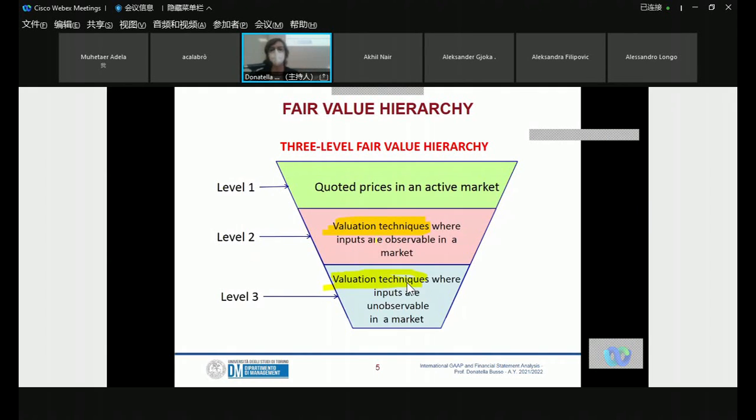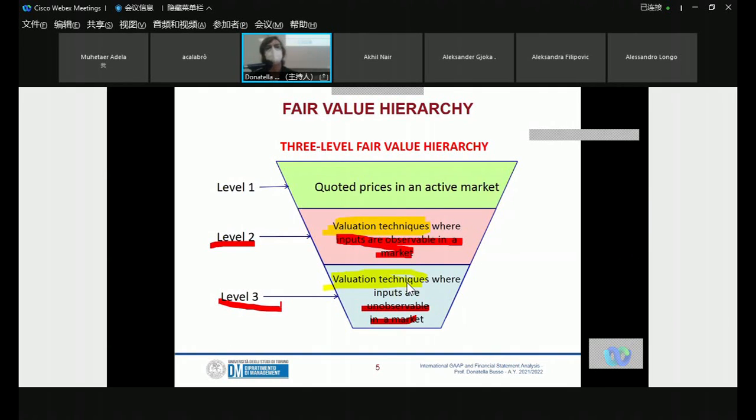So the problem here is about the inputs. If the inputs are observable in a market, fair value is level 2. Otherwise, level 3. What is the difference?